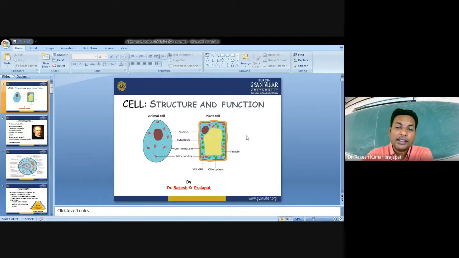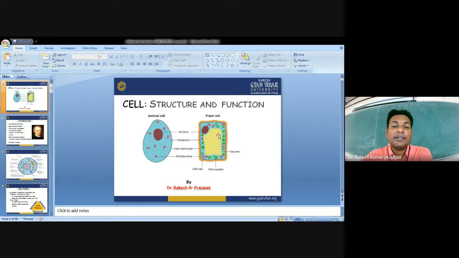One more difference is that chloroplast is not present in the animal cell. It is present only in plant cells because the main function of the chloroplast is photosynthesis, to harvest sunlight energy into chemical energy. So chloroplast is present only in plant cells, not in animals.